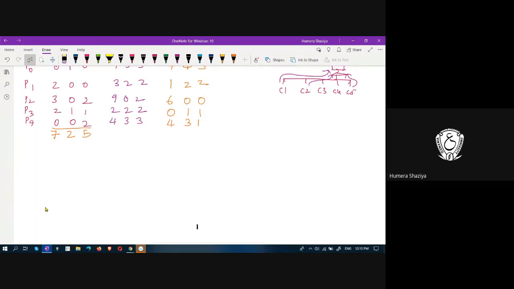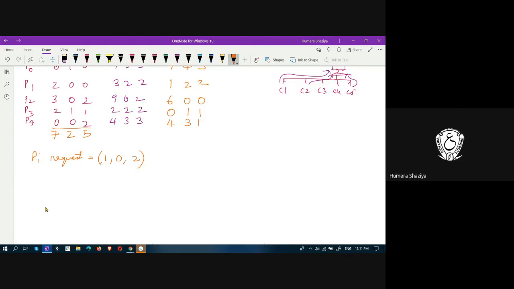Suppose P1 requests 1 0 2. What is this 1 0 2? P1 requests one instance of resource A, 0 instances of resource B, and 2 instances of resource C.